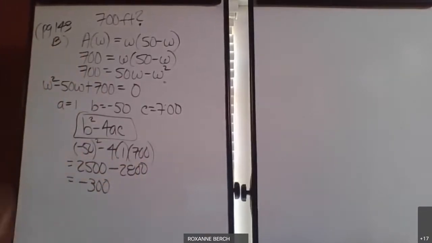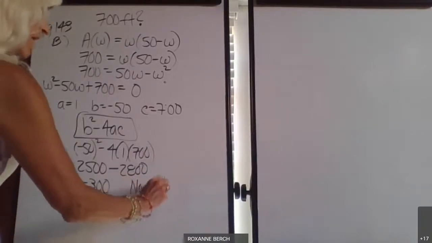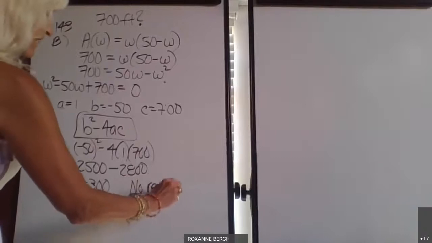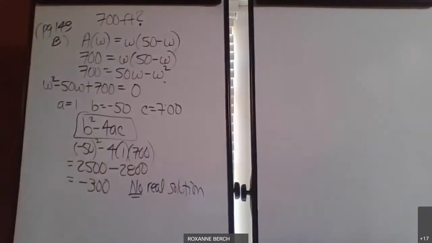What does that tell you? What does that tell you about this? Huh? No solution. No real solution. There's actually 2 imaginary solutions, but there's no real solution. So guess what? This isn't going to work.